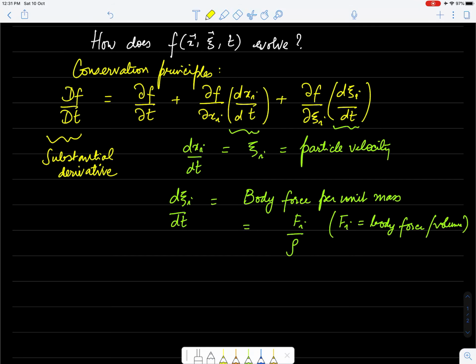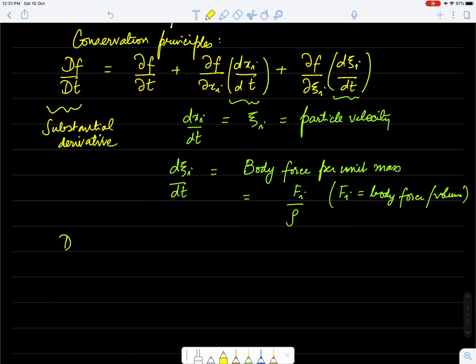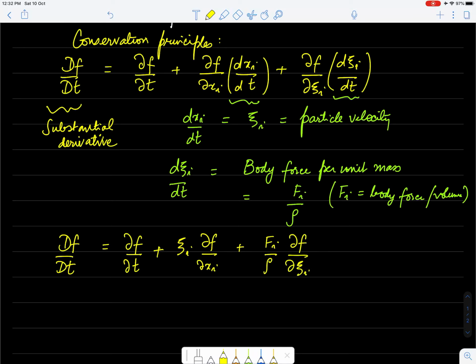So finally we can write that the total change of f with time is df dt plus psi i into df dxi plus Fi by rho into df d psi i.